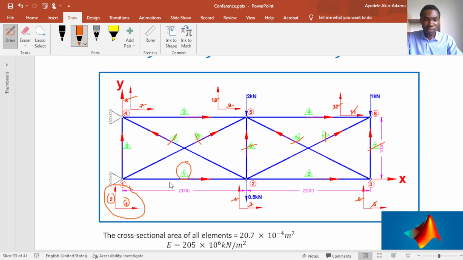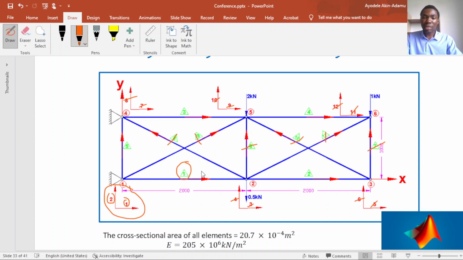You see the arrowhead pointing from node 1 to node 2. The direction can be in any order. It can point from node 2 to node 1, but I chose node 1 to node 2. So choosing this direction means node 1 is my start node, node 2 is my end node for element 1. If the direction was in the opposite direction, node 2 will be my start node and node 1 will be my end node.